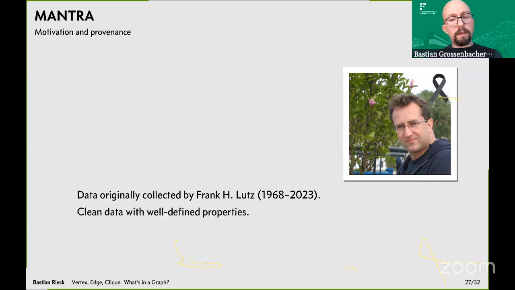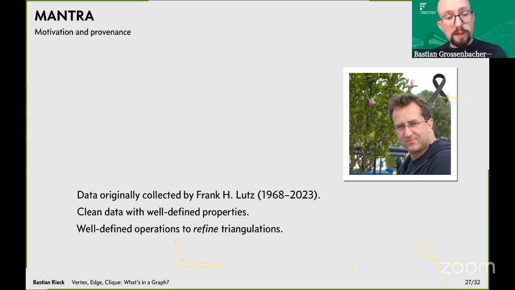The very good thing about this data set, though, is that it is clean data with well-defined properties. It is, in a sense, mathematically pure and platonic in that it contains well-defined triangulations with well-defined properties. There are no noisy edges in there. There are no errors that can creep into that, because we can check whether the object that we triangulated is actually the right object we are looking at.